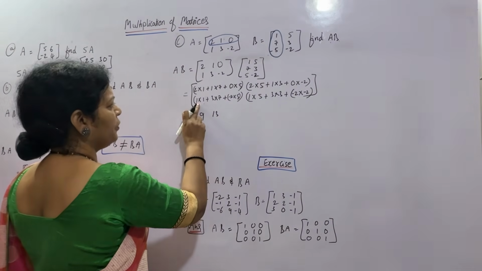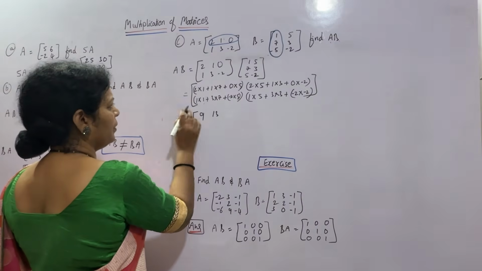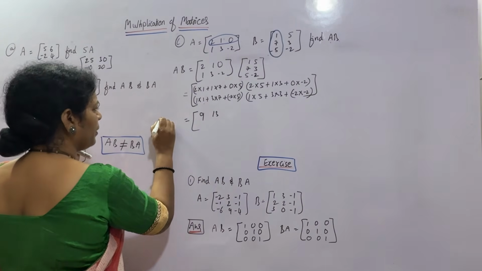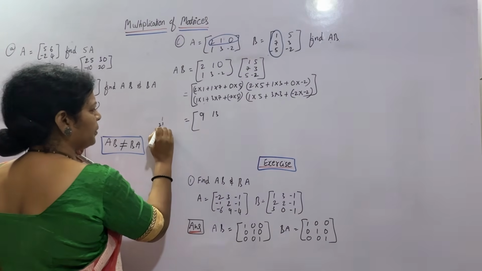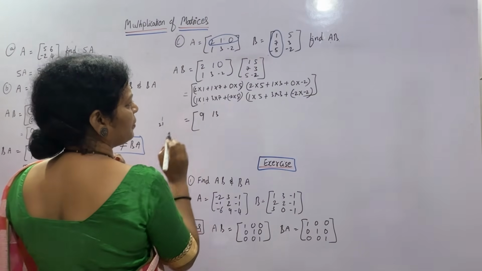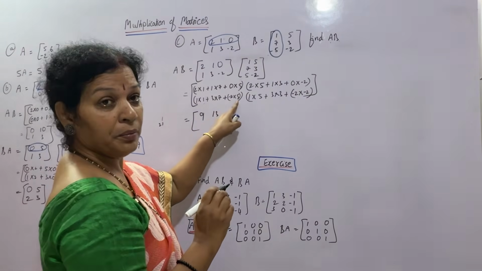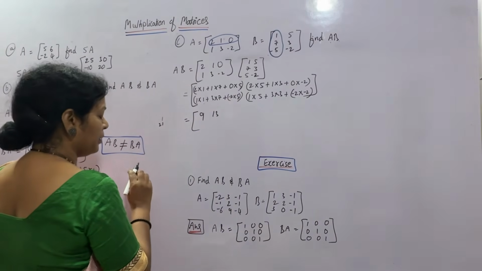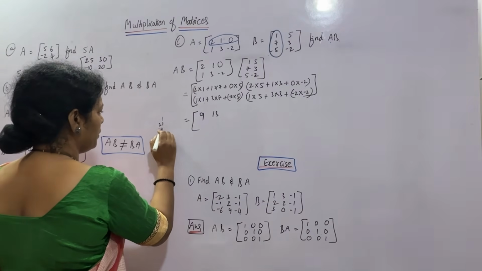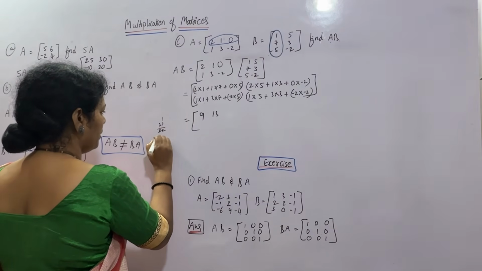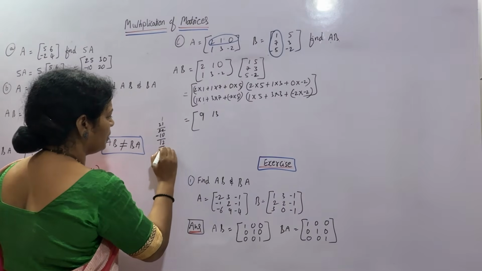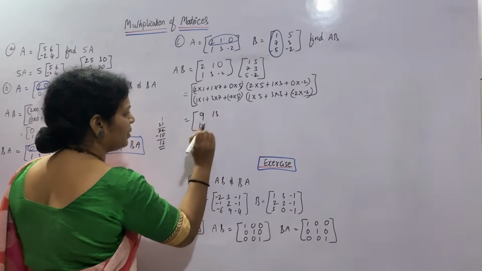Now this calculation, 1 into 1 is 1 and 3 7s are 21, means 22 it is, and 5 into minus 2 is minus 10. So 22 minus 10 comes to 12.